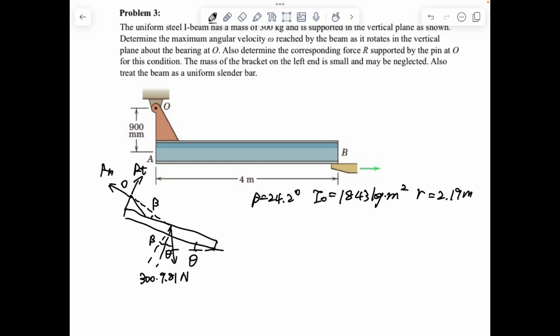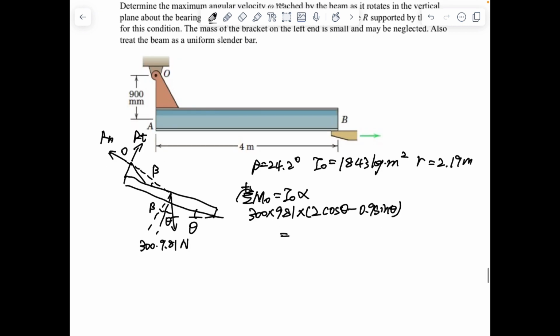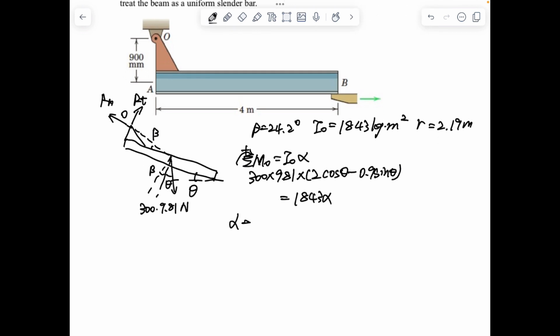If we take the moment around point O, so moment around O is equal to IO times alpha, then 300 times 9.81 times 2 cosine theta minus 0.9 sine theta is equal to 1843 alpha. Then alpha is equal to 1.597 times 2 cosine theta minus 0.9 sine theta.